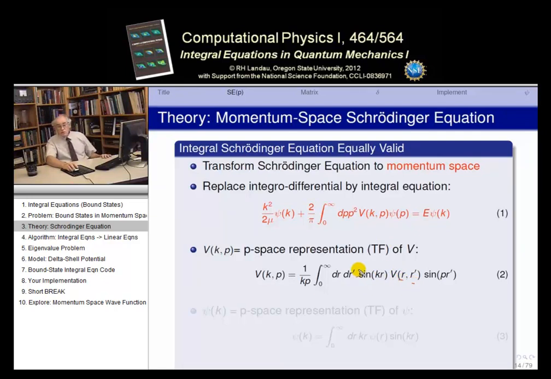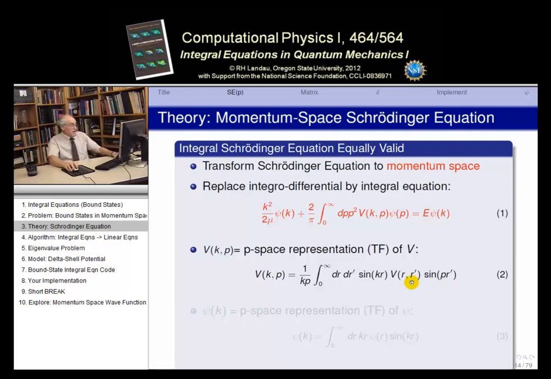It's actually a spherical Bessel transform, but the first spherical Bessel function is just sine x over x, so we just get two sine transforms. We get a sine kr to go with the r, and then we get an r prime going with sine p r prime. So that gives us v of k and p. That's how you can calculate it, or you can be given it.